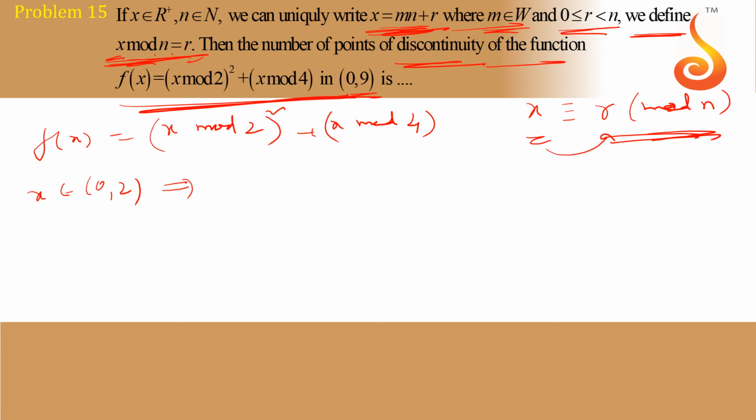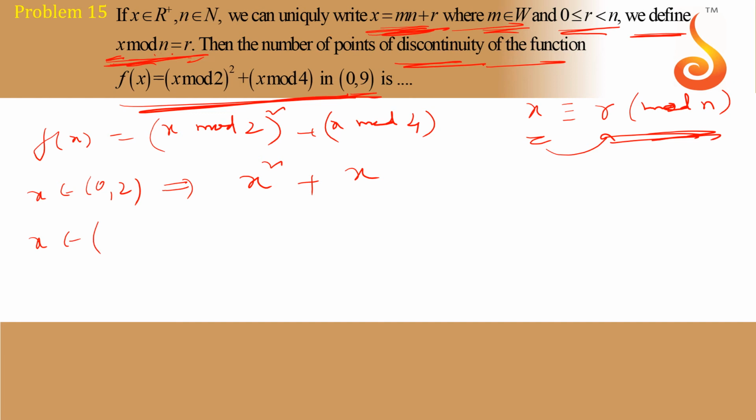Suppose you have 1, 1 can be written as 2 into 0 plus 1. So I am getting x mod 2 as x only, since x is lesser than 2, the quotient will be 0 and the remainder will be the number itself. So x mod n will become r, which is x again. Square plus x mod 4. See, x is lesser than 4, that's why you will get x only. So this is the function definition in that interval.